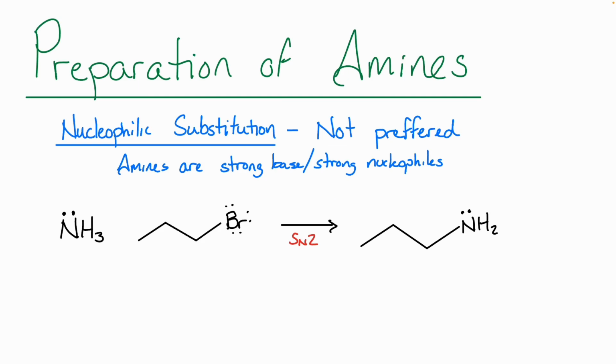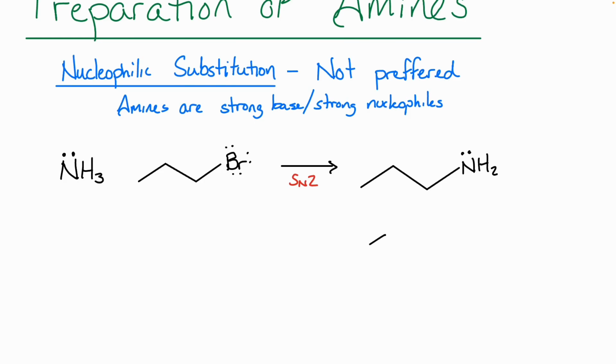It's going to keep going and keep going and keep going, and you're going to get a mix of all these different amines. You're going to get a mix of your primary amine, but also you're going to have a portion of the population that reacted twice. So you get a secondary amine, same number of carbons. Or a tertiary amine.